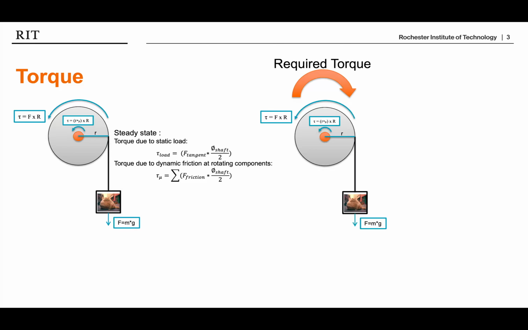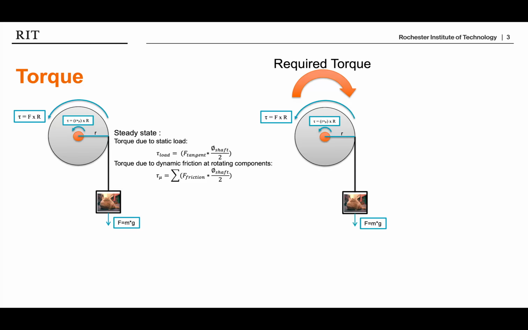So I have some F times a coefficient of friction times my radius r, and this too would generate a torque. It's important to note that for bearings, we do this a little bit differently. Usually we have what we call a damping coefficient, which tells us how much torque we need to overcome the resistance of a bearing at any given speed.